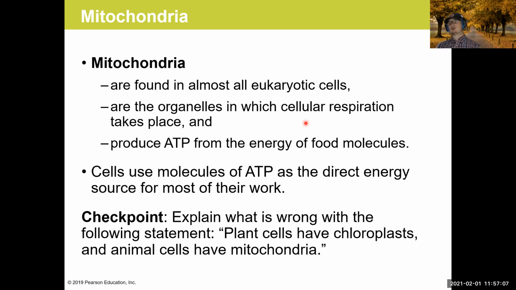Plant cells only have chloroplasts. And so that's the way that sentence should be structured, because again, mitochondria is taking glucose and converting it into ATP through cellular respiration. Chloroplast is taking solar radiation, inorganic energy, and converting it into organic energy in the form of glucose.